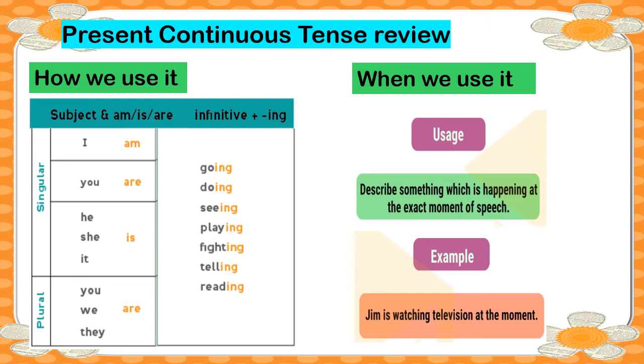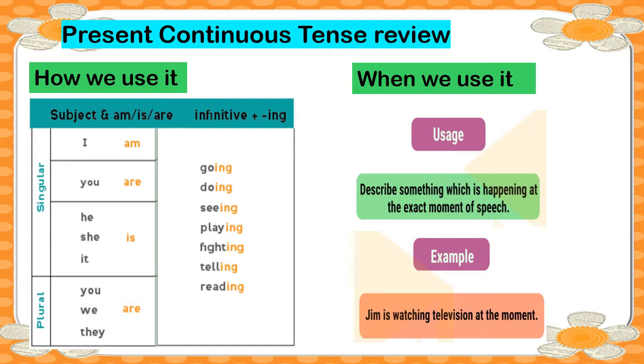And then your verb, your doing word, gets an ing added to the end of the word. So plain and simple, you can see there, I am going, you are doing, she is seeing, we are telling, or they are reading.